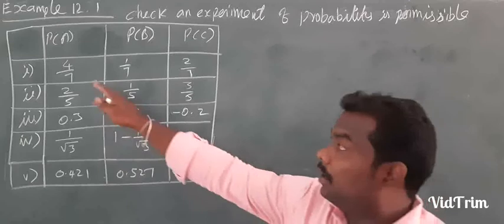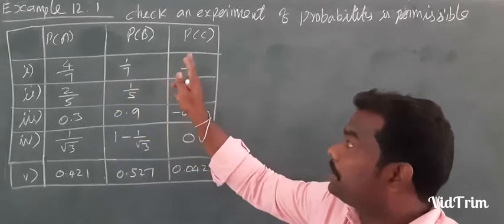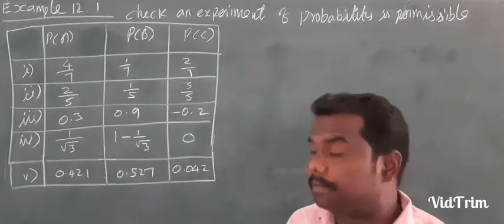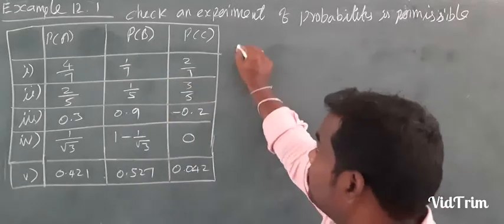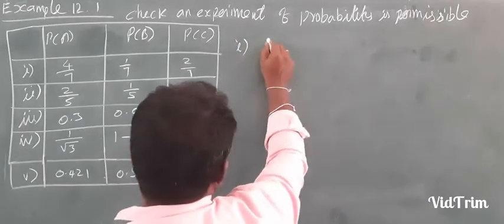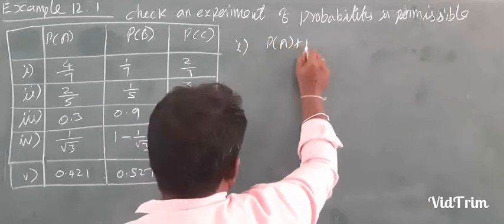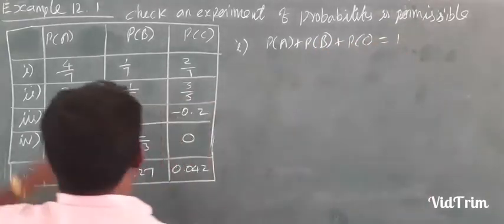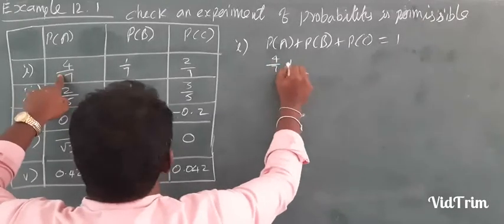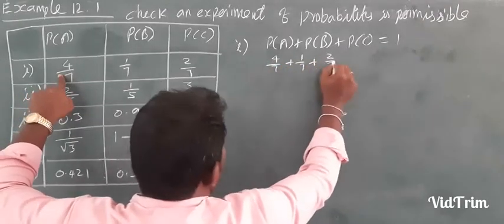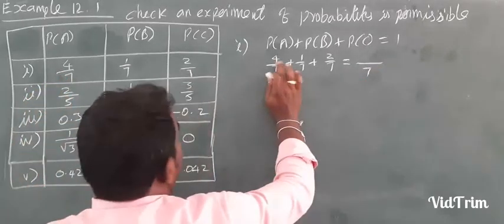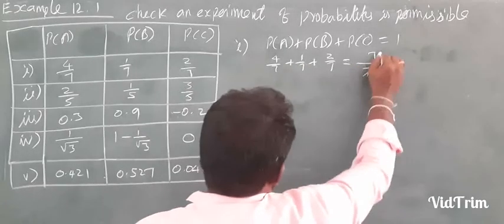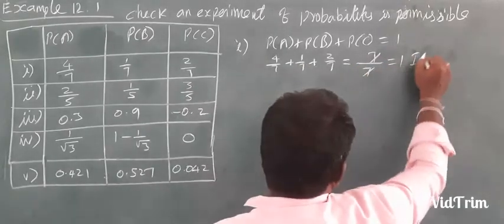If P of A plus P of B plus P of C is equal to 1, it is permissible, otherwise it is not. Take the first one: 4 by 7 plus 1 by 7 plus 2 by 7. 4 plus 1 is 5, plus 2 is 7, and 7 sevens are 1. So it is permissible.